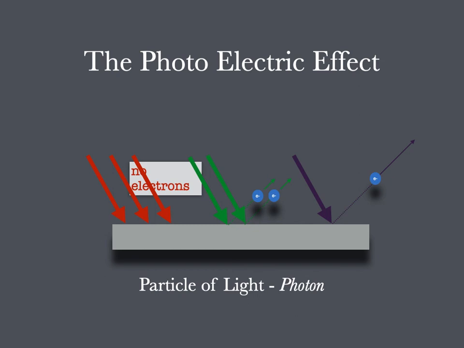So now we have two different experiments, the diffraction experiments and the photoelectric effect. Under one of them, light behaves like a wave. Under the other, it behaves like a particle. And so just like electrons, light exhibits this phenomenon of wave-particle duality. Einstein went further to help us explain what the associated energies of these photons were.